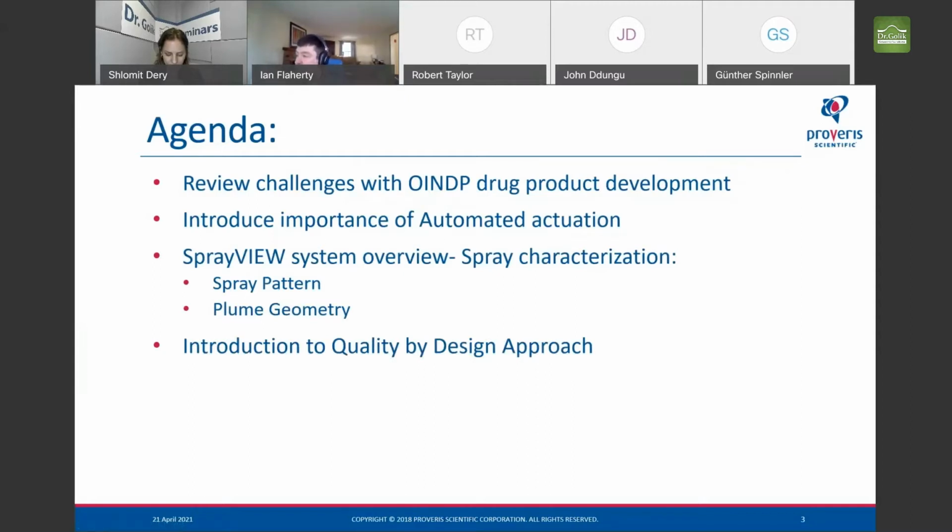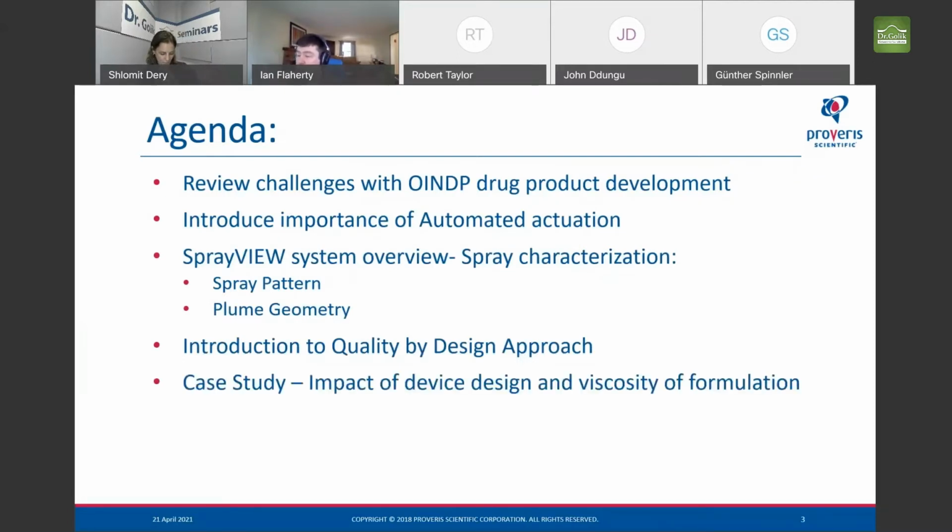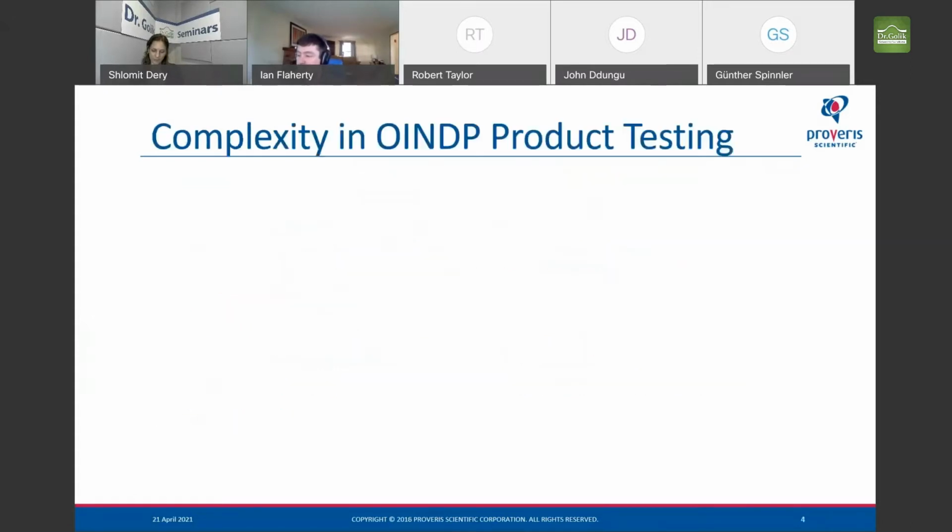Then we'll introduce everyone, if you're not already familiar, to the quality by design approach, and talk about how Proveris fits into that with a little case study on device design and viscosity of formulation and how that impacts device performance.